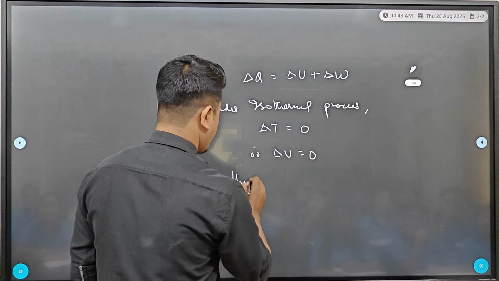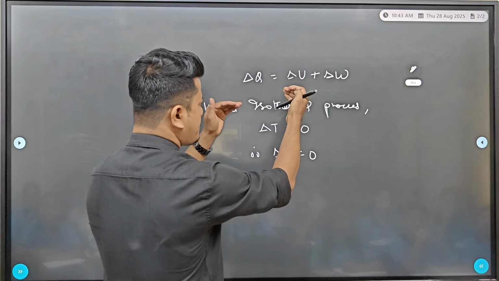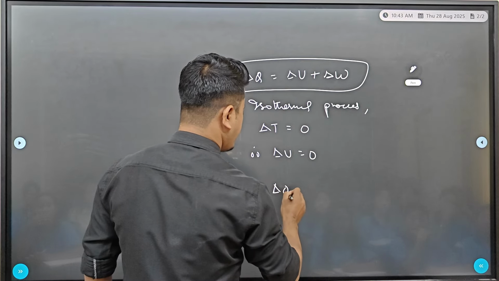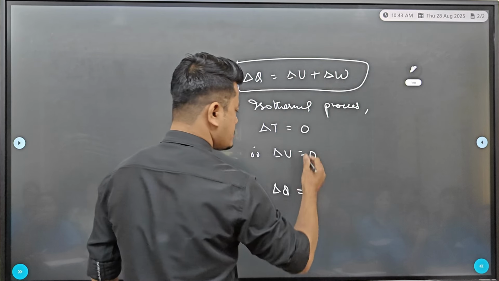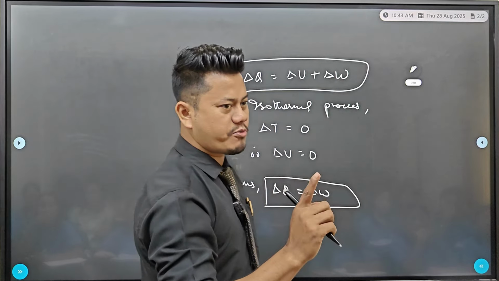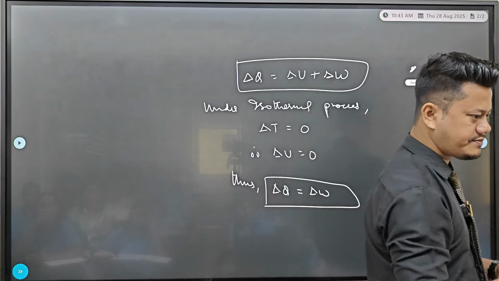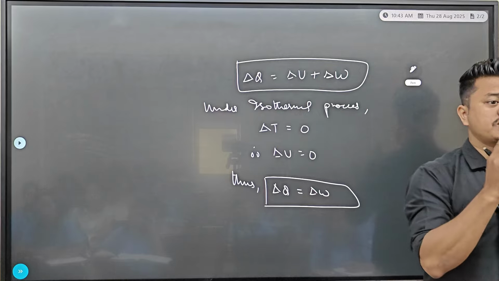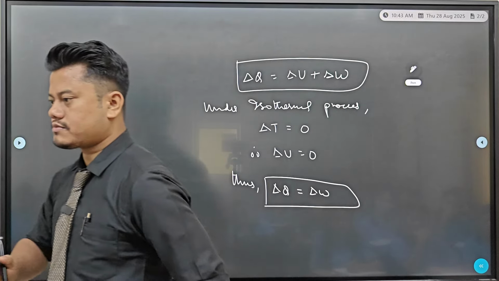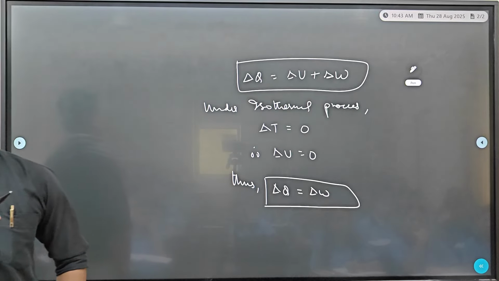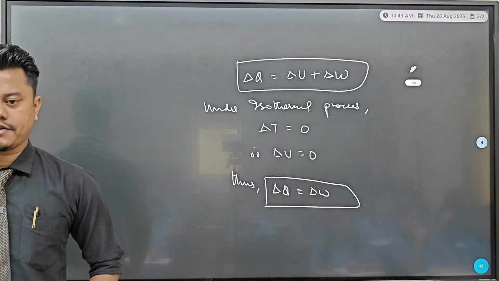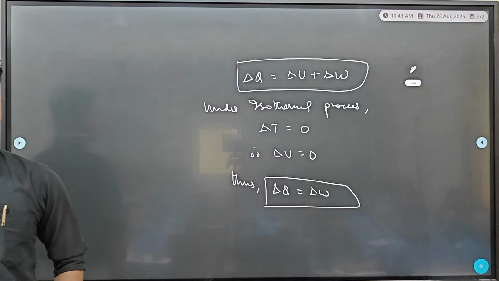Thus, under isothermal process, the first law of thermodynamics can be reduced to del Q equal to del U, which is 0 in this case, so I can write del W. So if the process is isothermal, keep in your mind, change in heat will be always equal to the change in work done. Is that clear? Clear to everyone? These are the interpretations under isothermal process. I hope you understood, right? Please note it down.